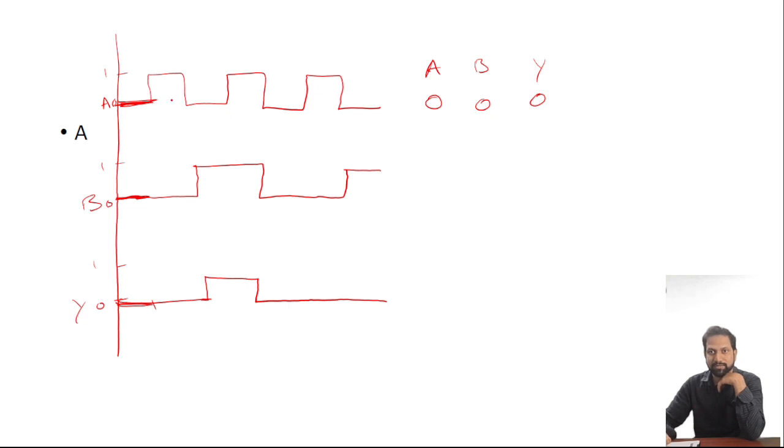Next time A is high, that is 1, B still remains 0, output is again 0 only. Similarly, in the third gap A came to 0 and B has gone high, output is... I gave a wrong output here, I am sorry for this, just a minute. I should have given the output this way.